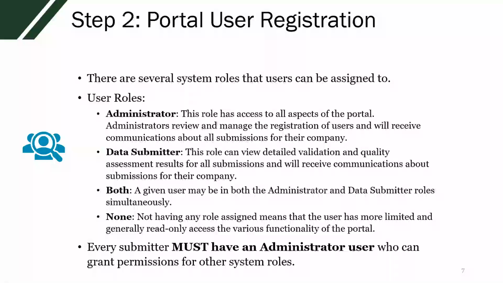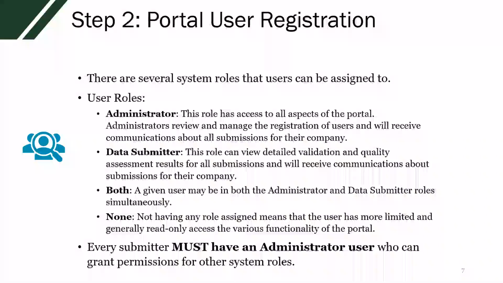Step 2 is portal user registration. There are several roles that users will be assigned to, and I'm going to demonstrate what this actually looks like in the portal later in today's presentation. There's an administrator role, and this person would have access to all aspects of our portal. They can review and manage other users and will receive communications about submissions for their company. The data submitter role can review the detailed validation results, address those issues, receive communications about submissions.